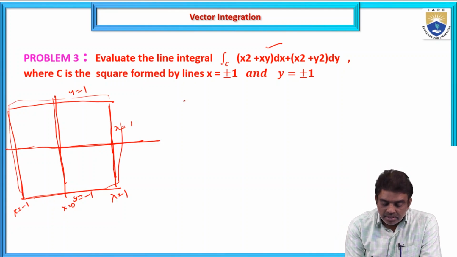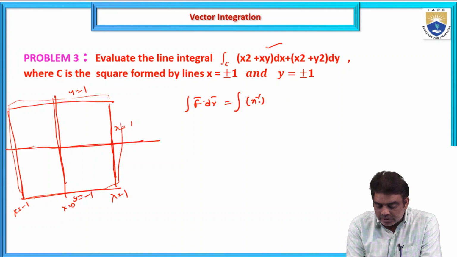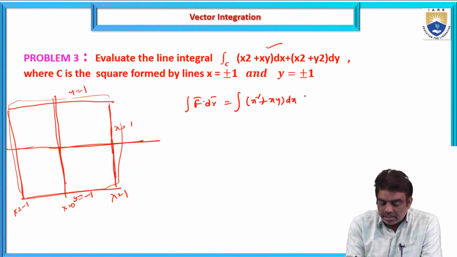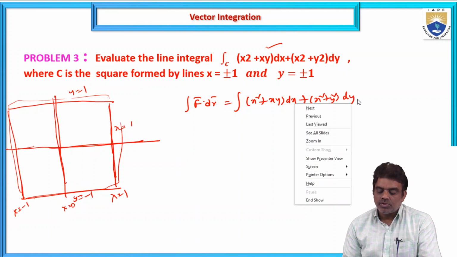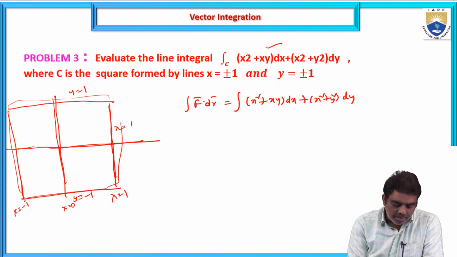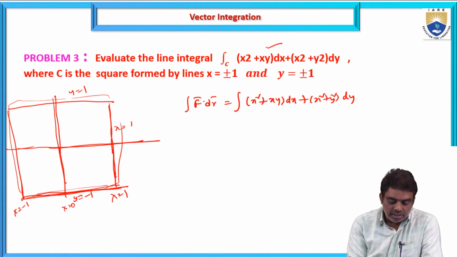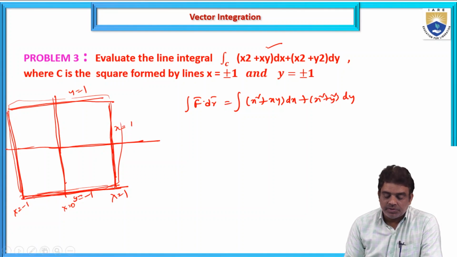So in this, I will first write integral f bar dot dr bar, already given as integral (x square plus xy) dx plus (x square plus y square) dy. Now I am assuming that this is the y is equal to minus 1 line, this is y is equal to plus 1, this is x is equal to minus 1, this is x is equal to plus 1.